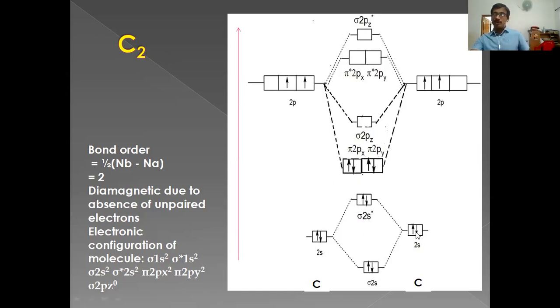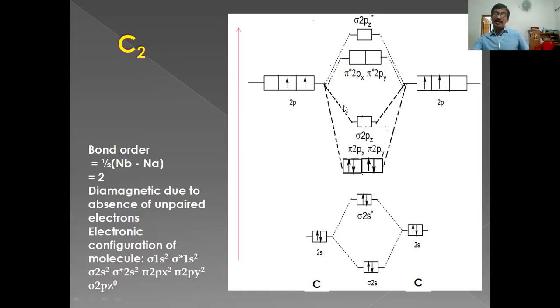Here you can see 2s orbitals are undergoing linear combination to form sigma 2s and sigma star 2s. And here 3 2p orbitals, 3 2p orbitals here. So total 6 atomic orbitals are undergoing linear combination. As a result, 6 molecular orbitals will form.